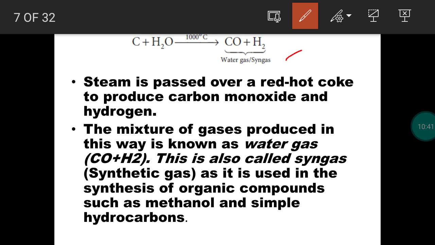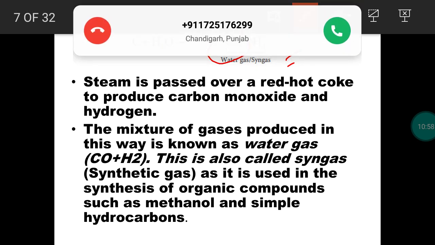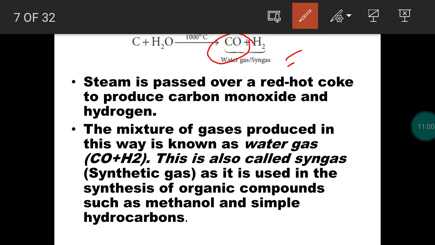So we have obtained this water gas or syngas or synthetic gas. The next step is that the carbon monoxide formed should be converted into carbon dioxide. So in the mixture of carbon monoxide and hydrogen, the carbon monoxide should be converted into carbon dioxide.